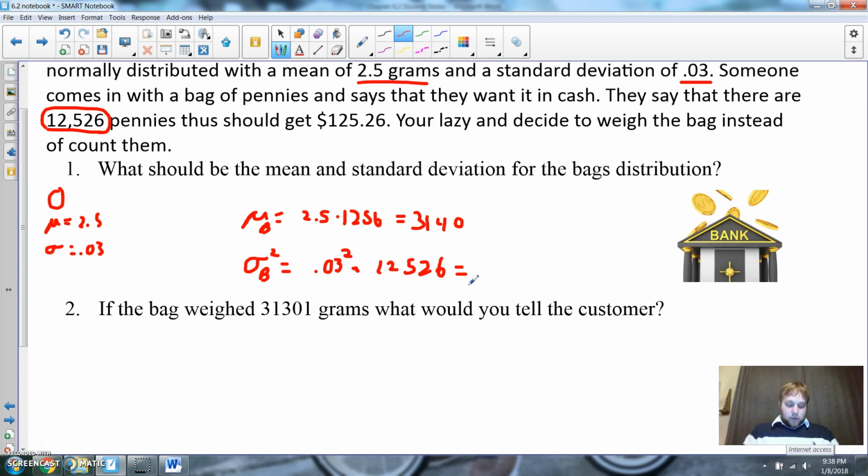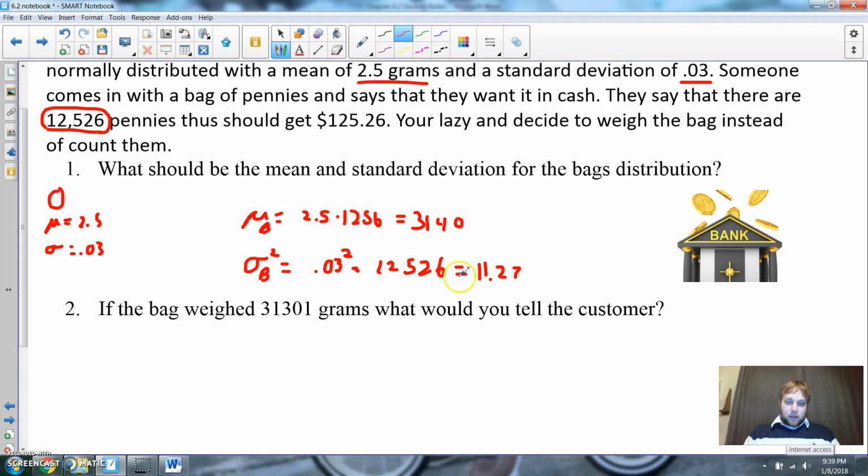Okay, so 0.03 squared times 12,526, I get 11.27.